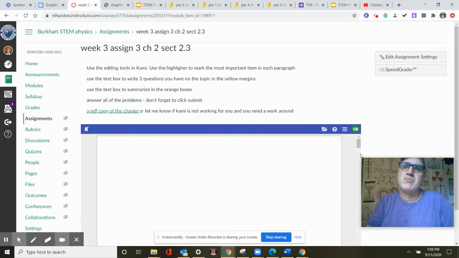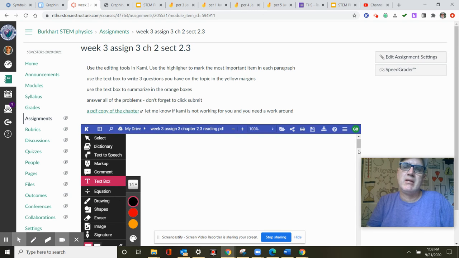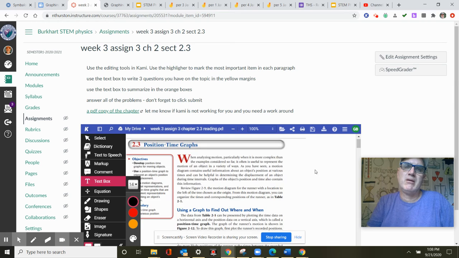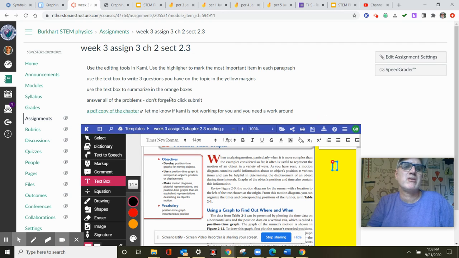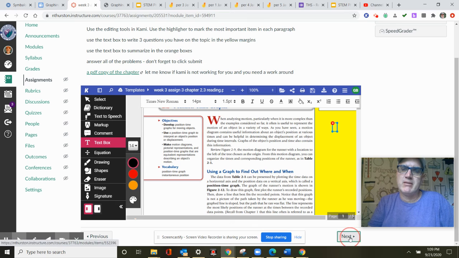Basically, it's right here in the Kami box, and you'll be able to take the notes right in the yellow boxes to do the things it tells you to do. There's directions up here. And here's a PDF copy of the chapter so that if you need it, you can go look at that, and we can do a workaround assignment if you need it.